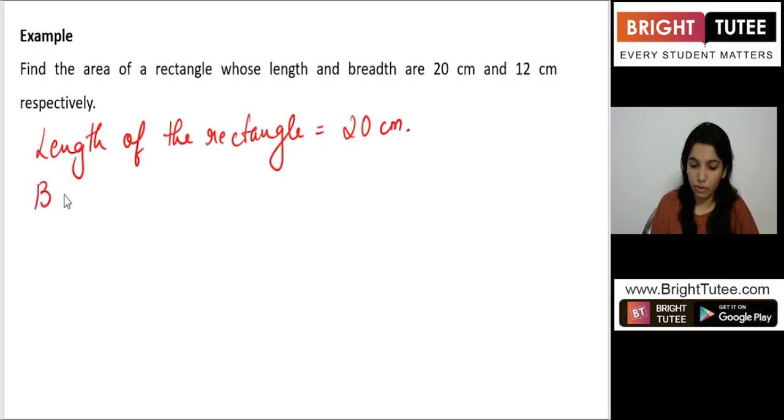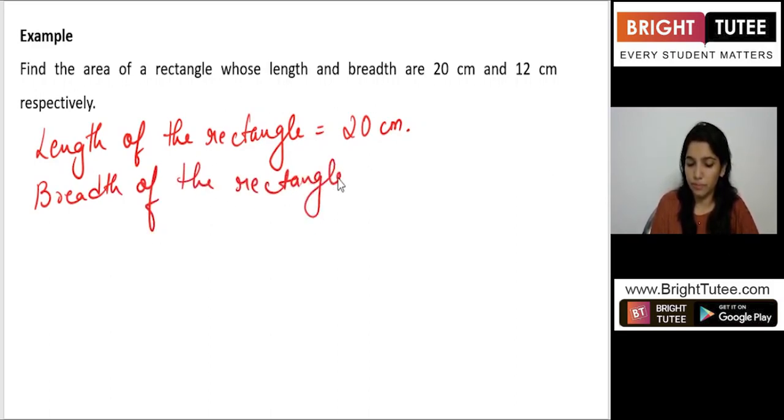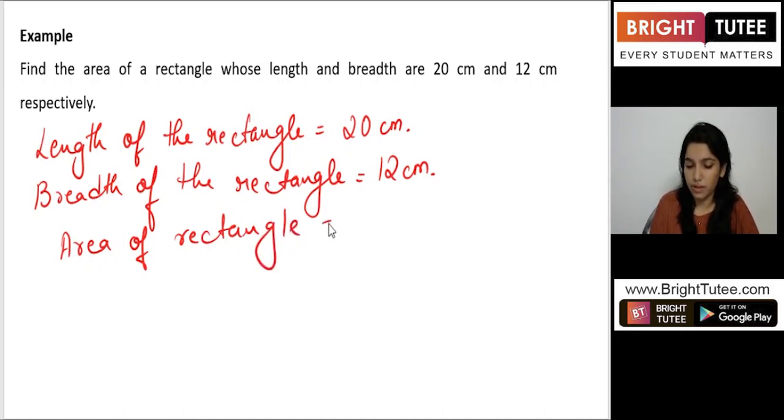Then we have breadth of the rectangle, it is equal to 12 centimeters, right? Now we are finding the area. Area of rectangle is equal to length times breadth.